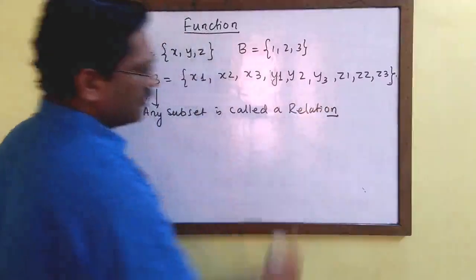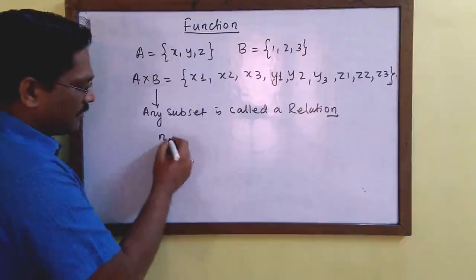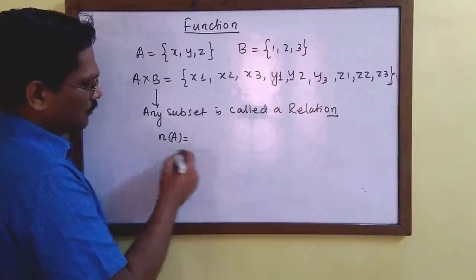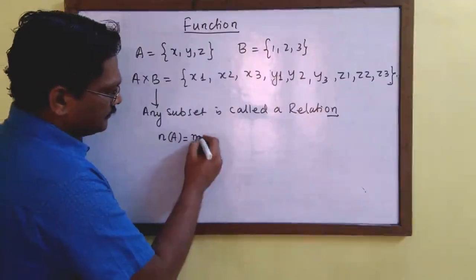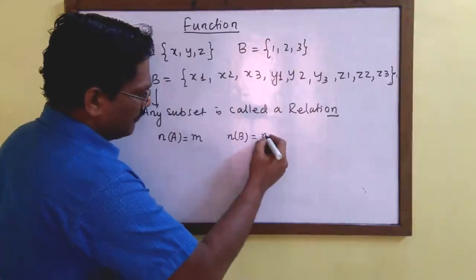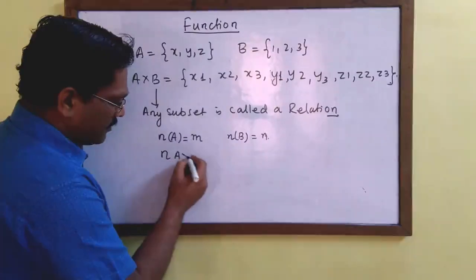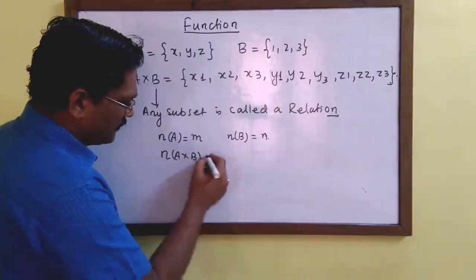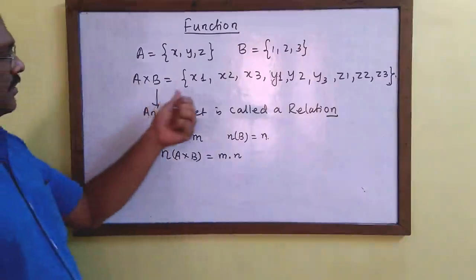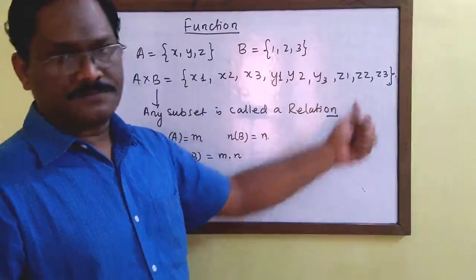One point here that I'd like to specify is, if the cardinal number of set A is equal to m and the cardinal number of set B is equal to n, then A cross B will consist of m into n elements. Now how many subsets can be possibly formed out of this given set?